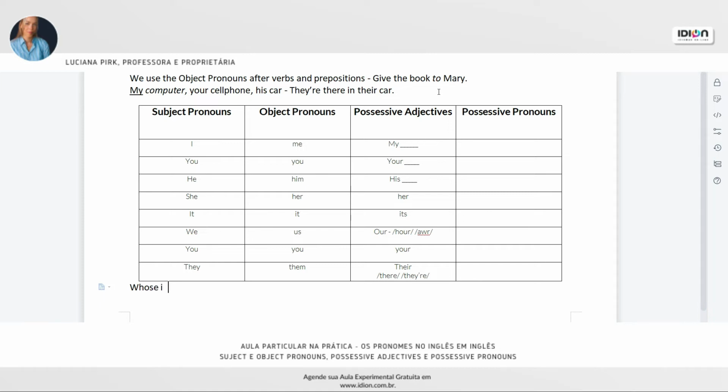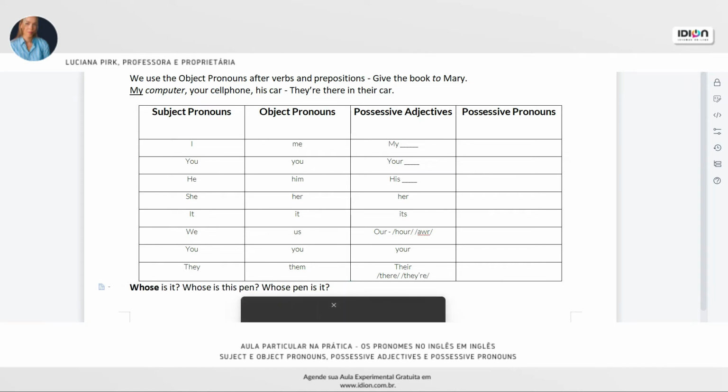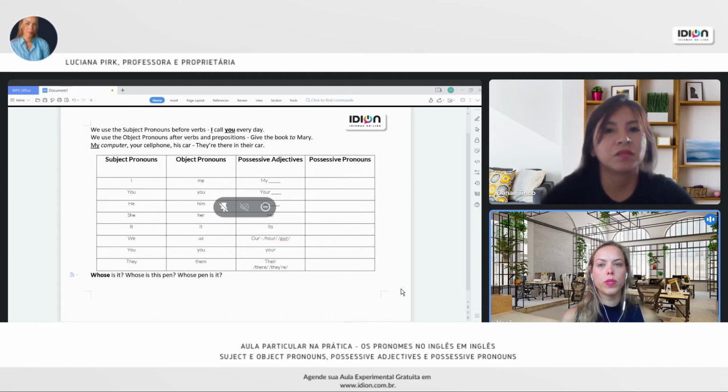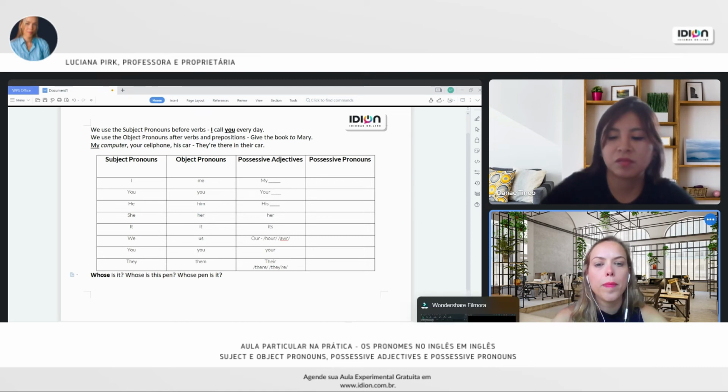So we say, for example, whose is it? Or whose is this pen? Or whose pen is it? This is the question that we ask when we want to know the owner of something. Or whose car is that?